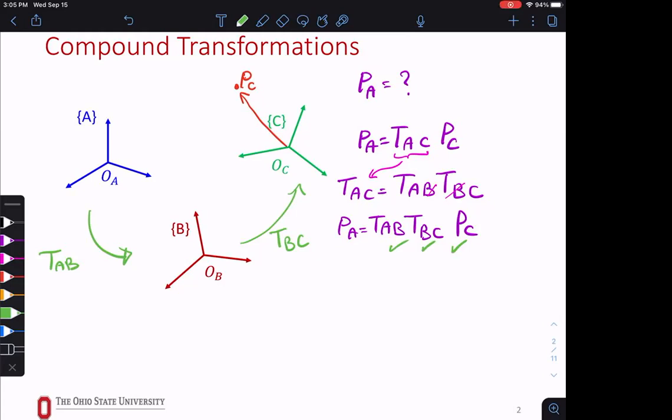So you have a 4x4 matrix times a 4x4 matrix. What's the dimension of your P_C? Huh? So a position is 3x1, right? But for this multiplication to make sense, what should it be? 4x1. How do we create that? How do we augment one extra row for that position to become a 4x1 matrix?